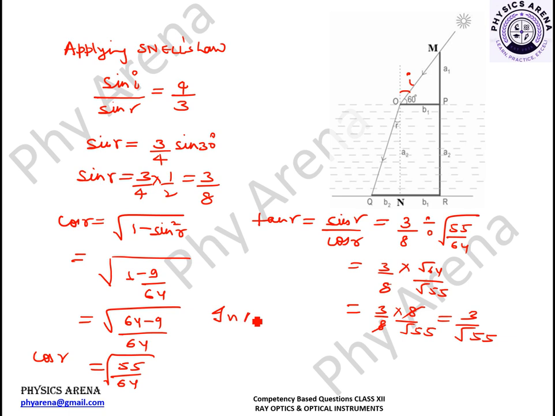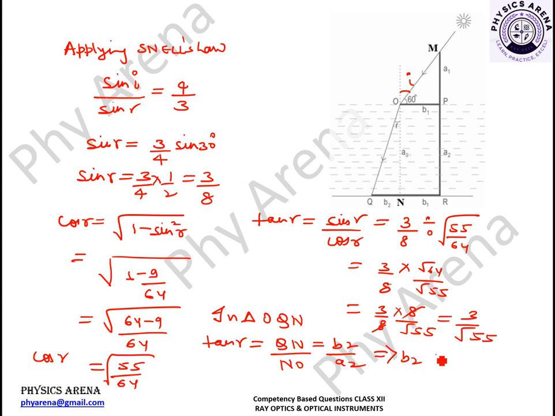Now in triangle OQN, if I want to write tan r, so tan r is equal to perpendicular upon base, that is QN upon NO, that is B2 upon A2.